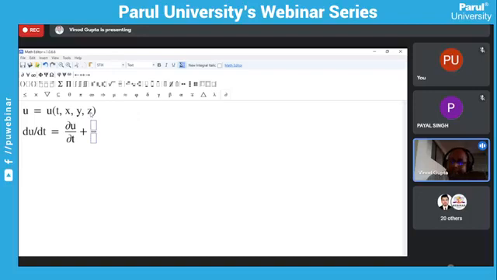Since x, y, z are the spatial coordinates, dx/dt is the x component of velocity, dy/dt is the y component of velocity, and dz/dt is the z component of velocity. So we have used it here.